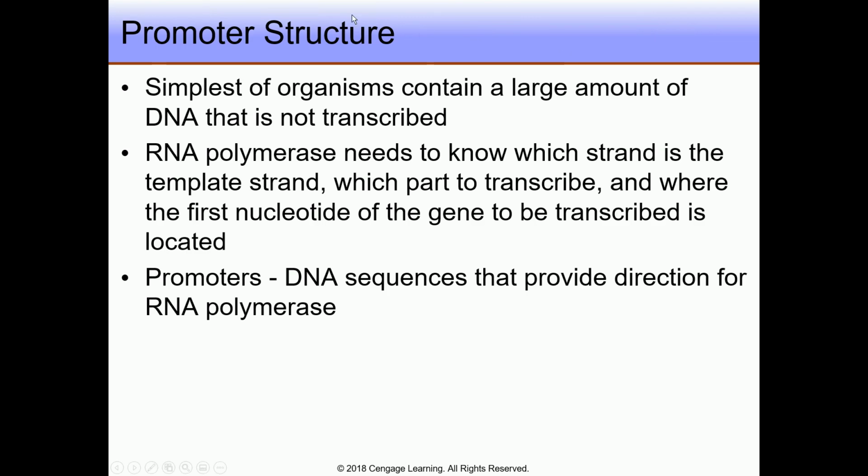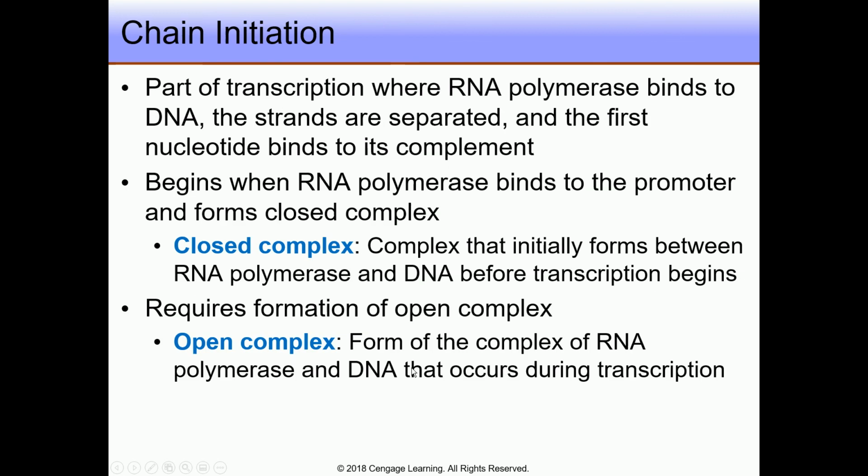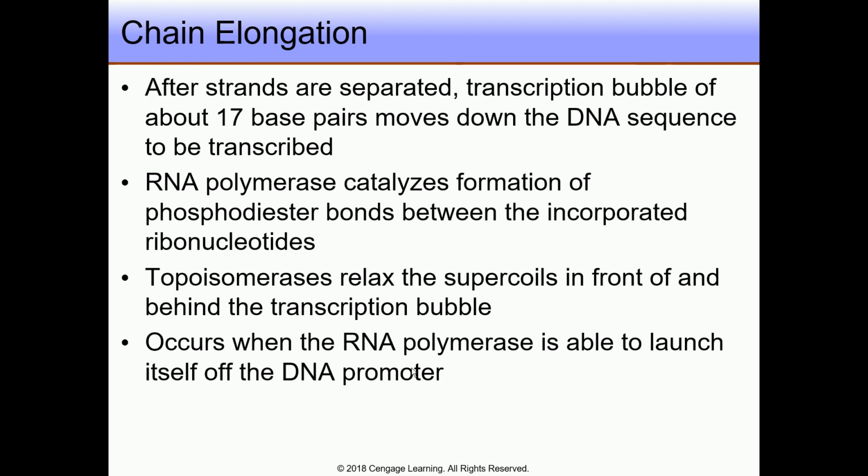So the information about the promoters is given here. And then the 2 strands of DNA are going to open up, and the RNA polymerase moves on the DNA and keeps on making the RNA transcript.